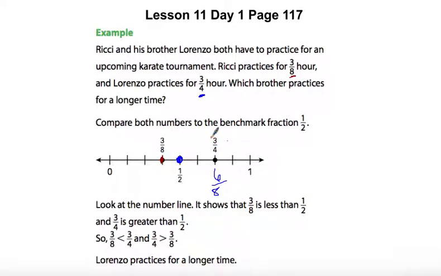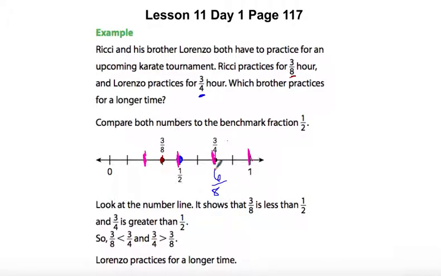If I was breaking up into fourths, here I would have 1/4, 2/4, 3/4, and of course 4/4 is the same thing as 1. But these are equal sections. Here we have the first section, second section, third section, and fourth section. So 3/4 is equivalent to 6/8.